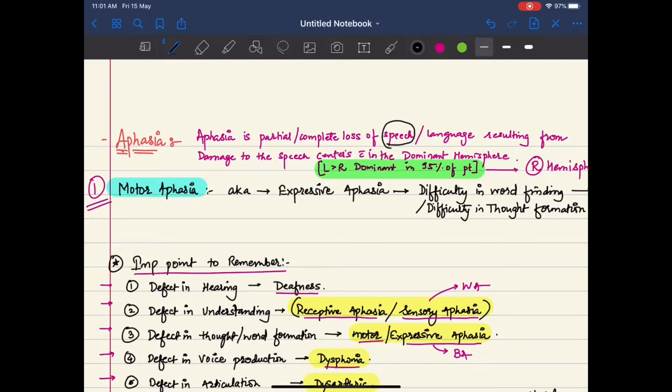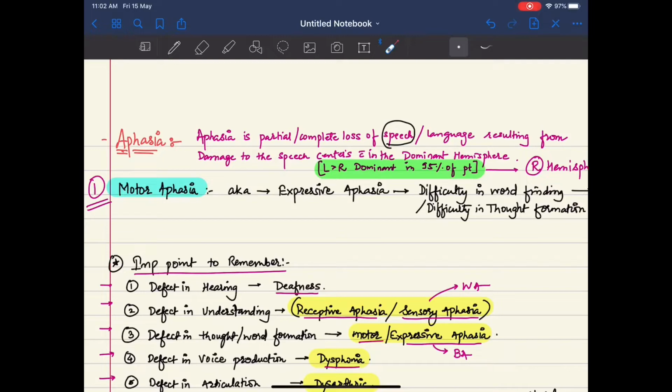So, aphasia basically is nothing but a partial or complete loss of speech or language resulting from damage to speech centers which are there in the dominant hemisphere. So, please remember this part, that left is more dominant, in 95% of the people.